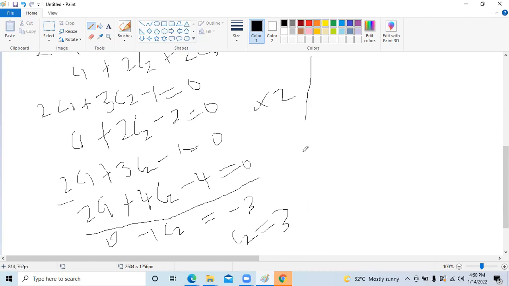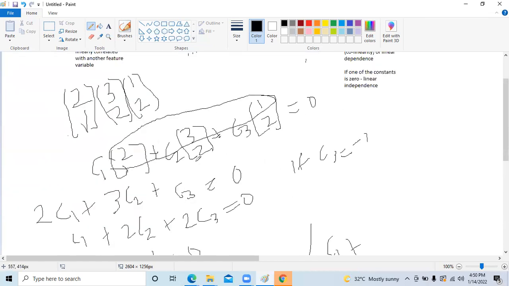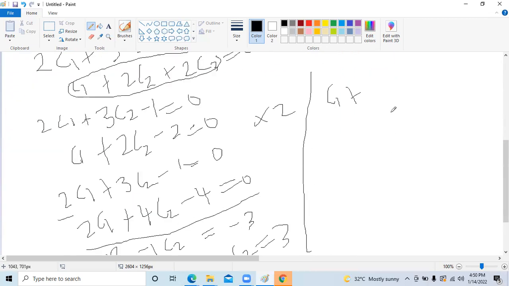Let's get the value for C1 now. We can get the value for C1 by saying C1 plus 2C2, which is this initial equation here, right? We want to substitute into this initial equation. C1 plus 2C2 plus 2C3 equals to 0, right?